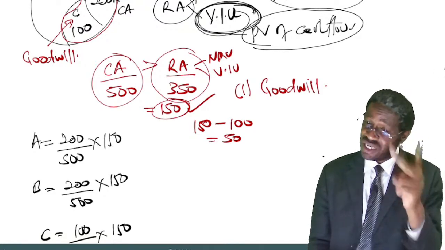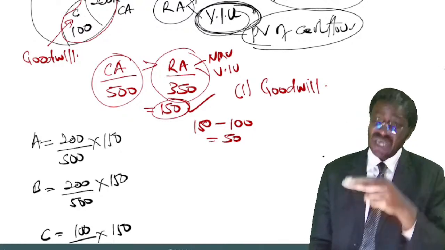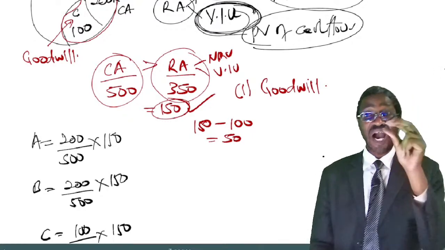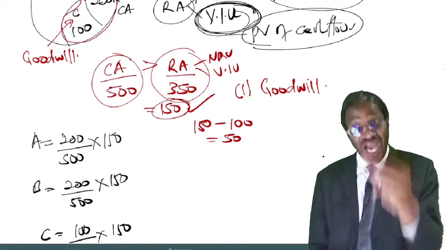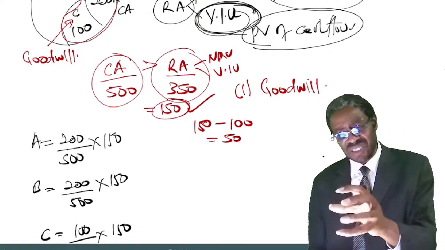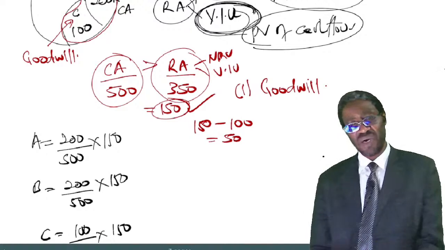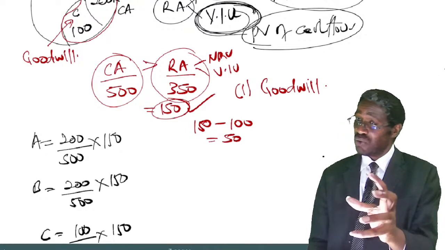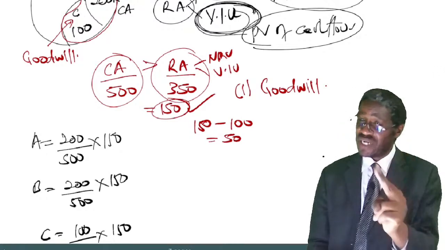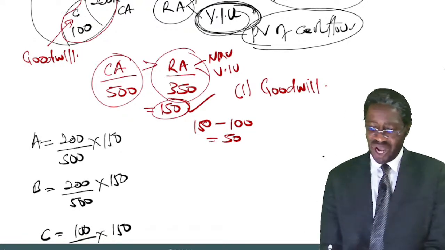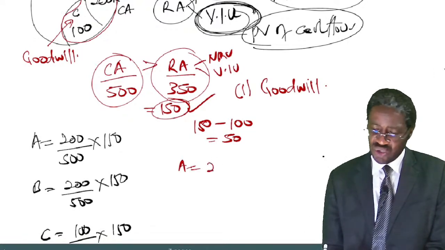How many are the other remaining? 2. That is A and B. And you allocate this 50 to the other assets on the basis again of their carrying amount. A had a carrying amount of 200. B had a carrying amount of 200. So against A, it will be 200.